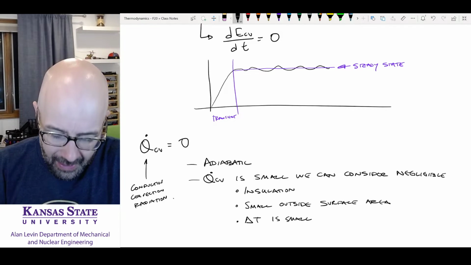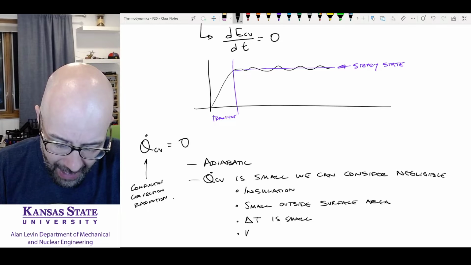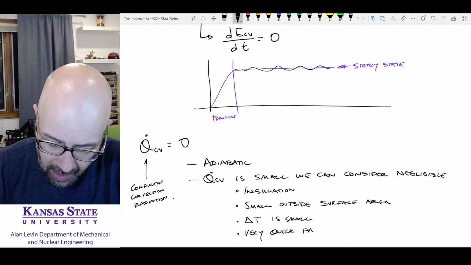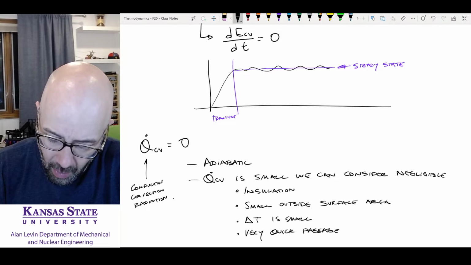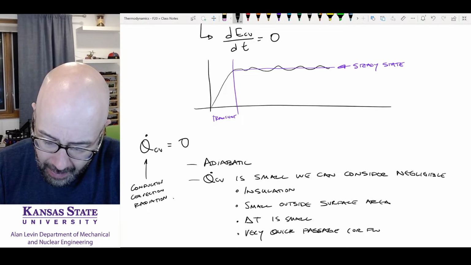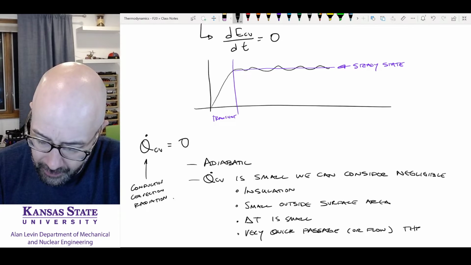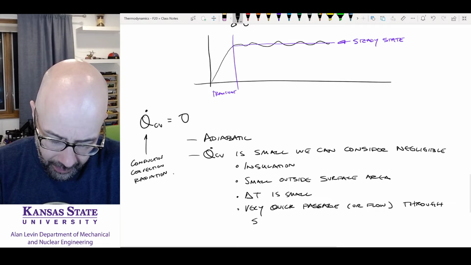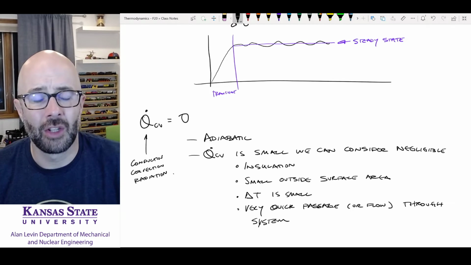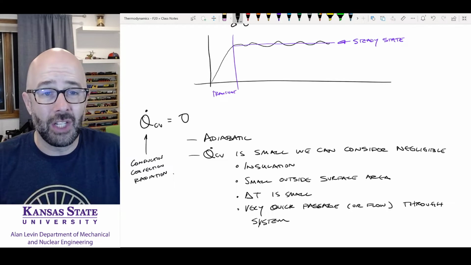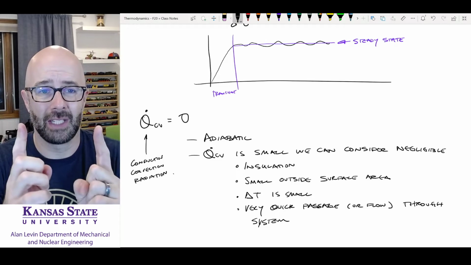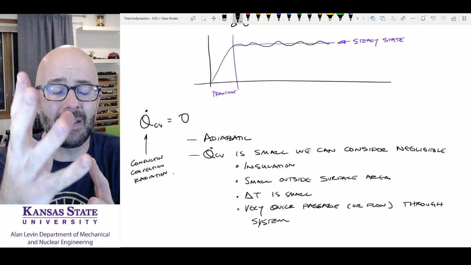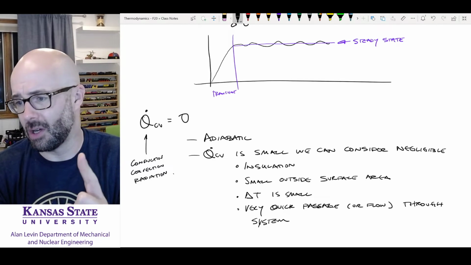And then the other thing we could say is we have a very quick passage of our flow through our system, and we can see there's no heat transfer. I mean, heat's trying to be given off all the time, but if you look at our system, maybe it's a pipe, and you're traveling really, really fast, the heat doesn't have time to leave the system. It's starting here and it's all the way over here.